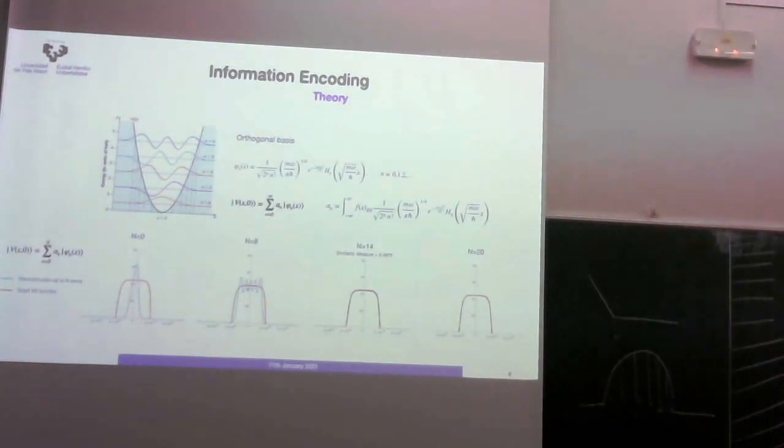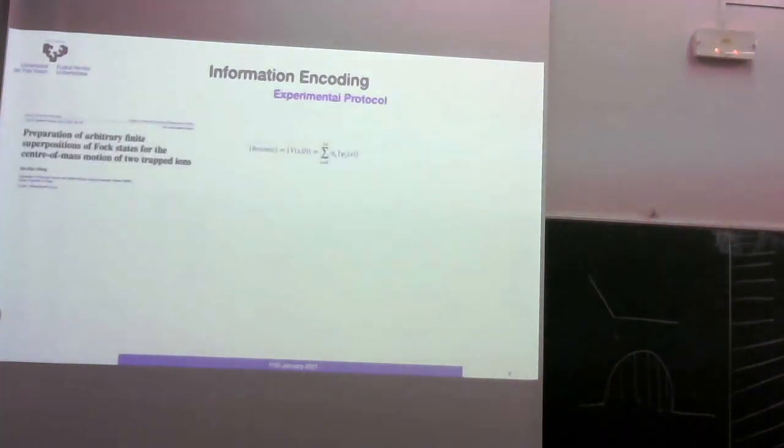So once we have seen how to load the initial condition of the boundary problem, we need to know how we can do it experimentally, because it is quite complex to manipulate more than a few Fock states.